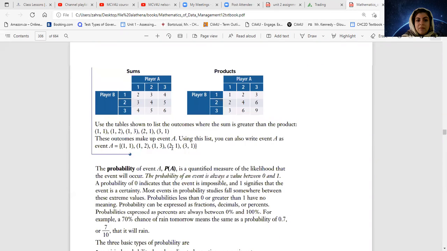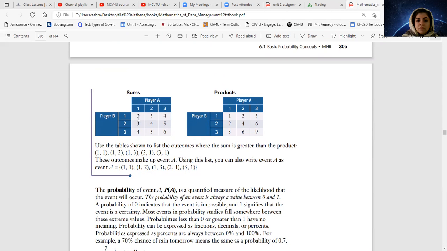For the previous game, the total is 1, 2, 3, 1, 2, 3, which is 9 things. Since 5 of them have the sum greater than the product, and the total outcome is 3 multiplied by 3, which is 9, the probability that the sum is greater than the product is 5 over 9. The desired outcome divided by the total outcome.